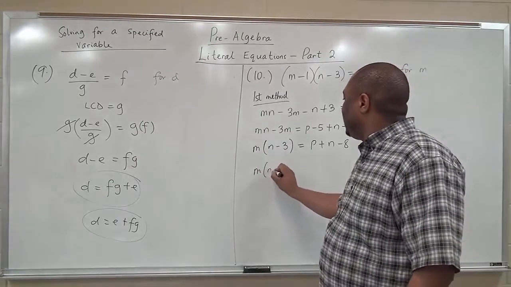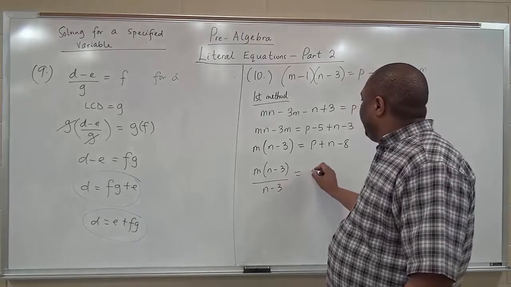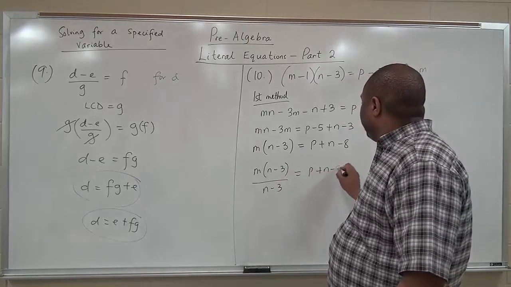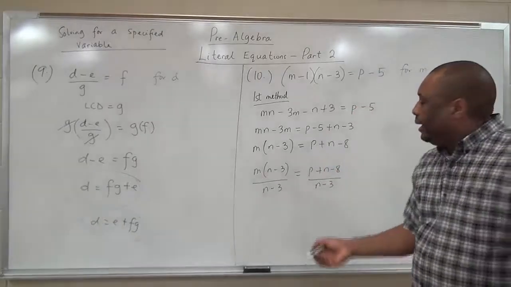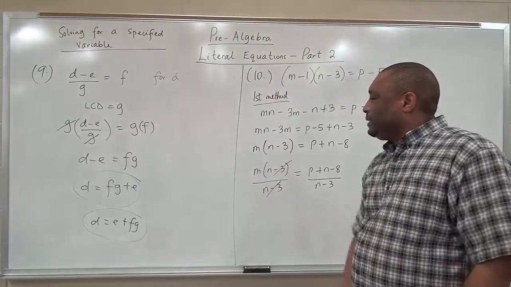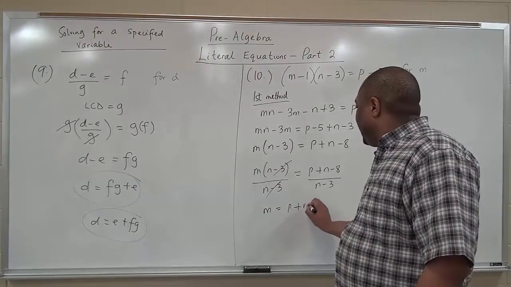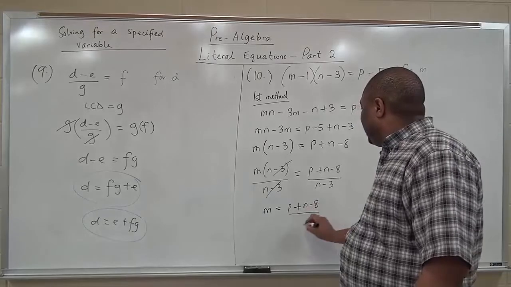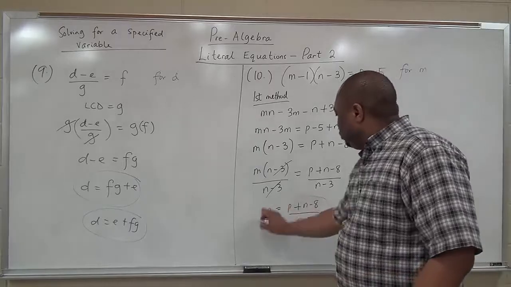So m times n minus 3 divided by n minus 3 will be p plus n minus 8 divided by n minus 3. So this divides this. We now have that m equal to p plus n minus 8 divided by n minus 3. And this becomes your answer.